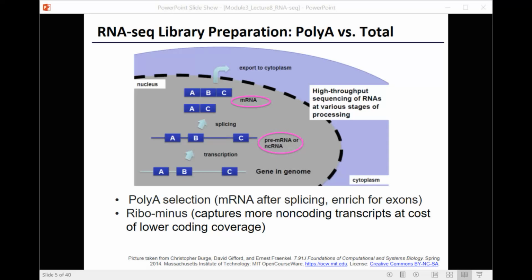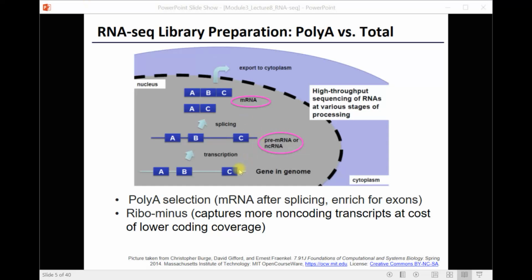In other words, measuring ribosomal RNA cannot provide useful information. And mRNA is the most informative part of total RNA. That's why we want to remove ribosomal RNA, which is too abundant and will waste sequencing reads.